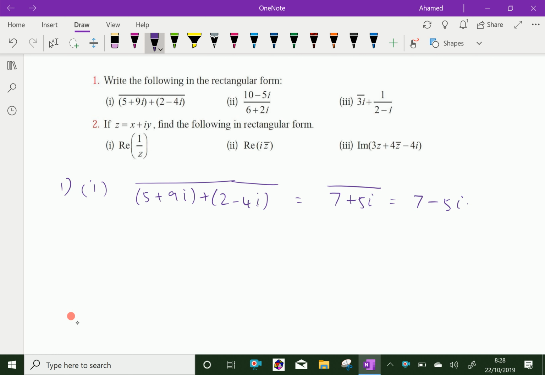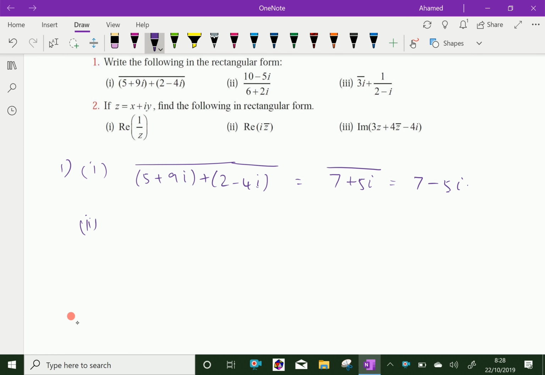Then second question, 10 minus 5i over 6 plus 2i. Here we have to multiply the conjugate of the denominator, that is 6 minus 2i over 6 minus 2i.